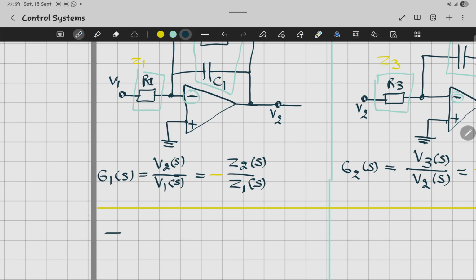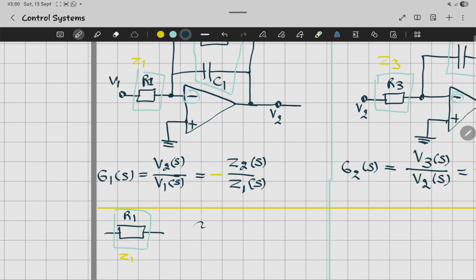We're going to come with the resistor R1, you come out like this, and we know already this is Z1.